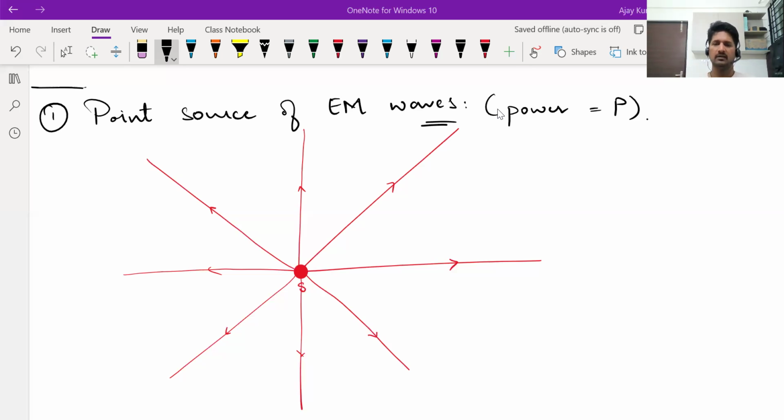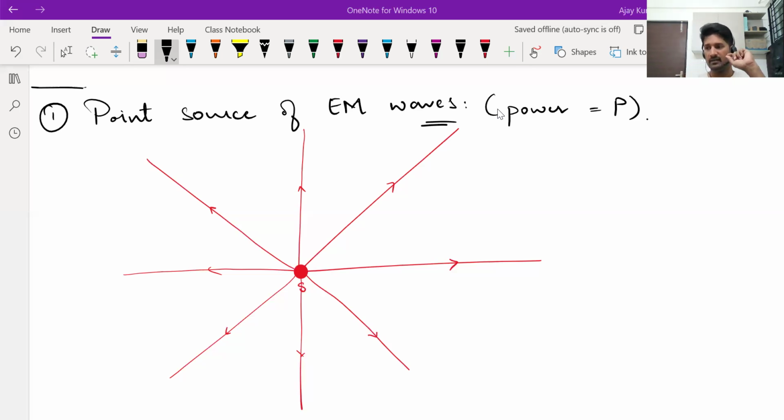If it's a speaker, as you go away from the speaker, what happens to its loudness? The more you move away, the lesser you hear from the speaker. Greater the distance, lesser the sound or light. It's actually not lesser the sound or light. We should say lesser the sound or light per unit area per unit time.